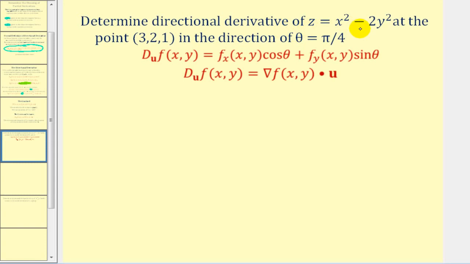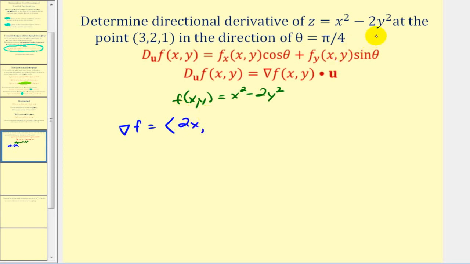So let's first replace z with f of x, y. Now let's go ahead and determine the gradient of f. The x component consists of the partial derivative of f with respect to x. That'll give us 2x.